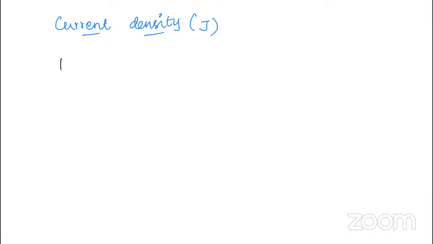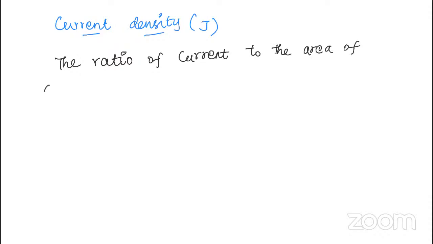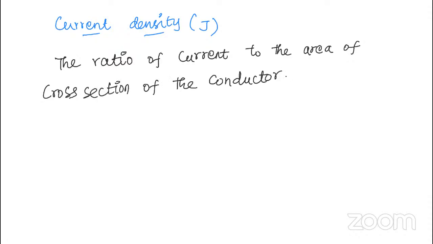It is the ratio of current to the area of cross section of the conductor, or simply current per unit area.